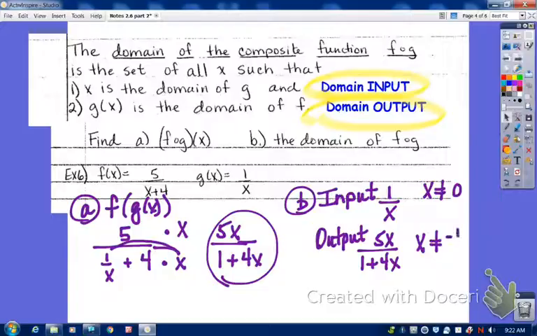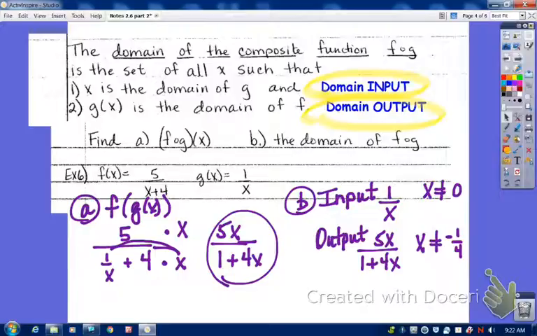Everybody get that? 4 times negative 1/4 is what? Negative 1, and negative 1 plus 1 is 0. If you can't figure that out in your head, you're going to take 1 plus 4x and set it equal to 0, and you'll solve for x, and you'll get negative 1/4.